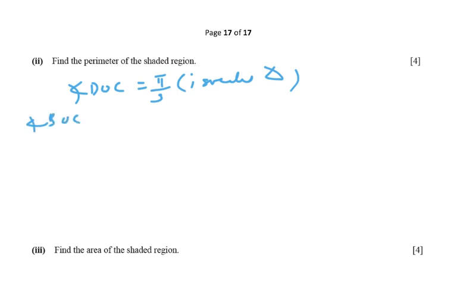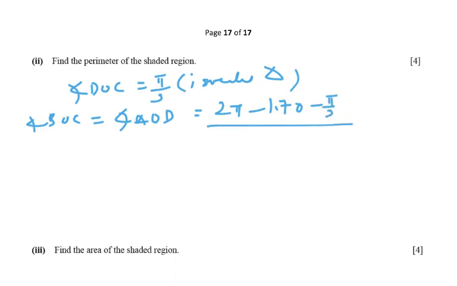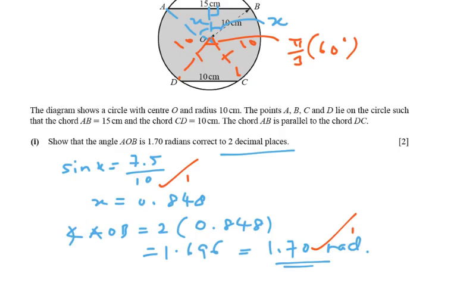So, we have this information whereby angle of DOC is equivalent to pi over 3 due to the triangle. Hence, we can also find the angle of BOC, which is equivalent to angle of AOD, which is giving you 2 pi minus 1.70 minus pi over 3, divided by 2, because they are the same.